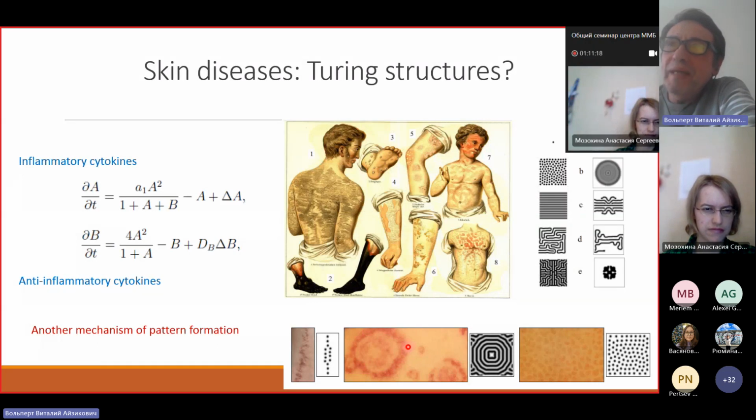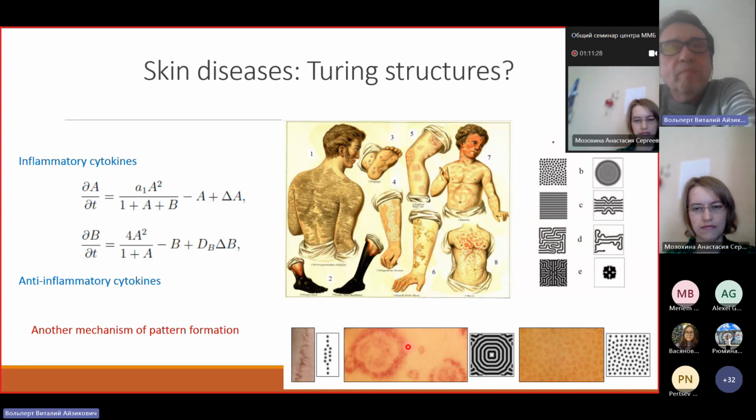This is not chemotaxis. It was just to show you that there are other possible mechanisms, not only chemotaxis. We tried to apply other mechanisms, in particular related to Turing structures, where Turing structures can be considered as a mechanism of emergence of patterns in inflammation. We considered a kind of generic model of inflammation.